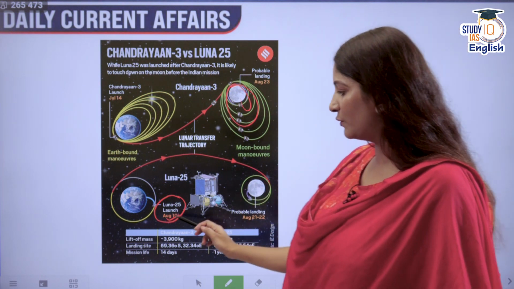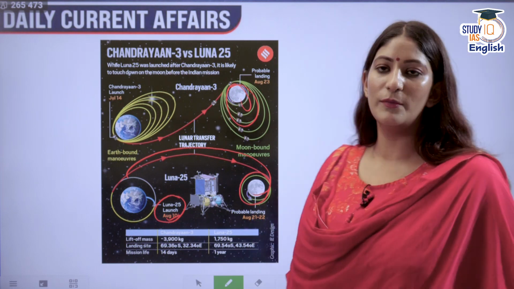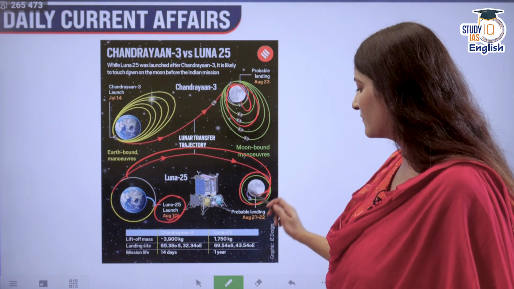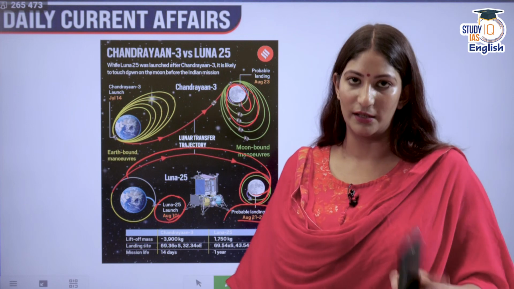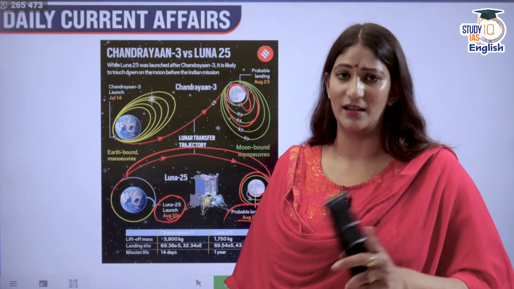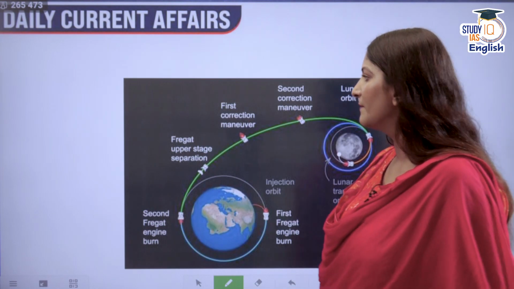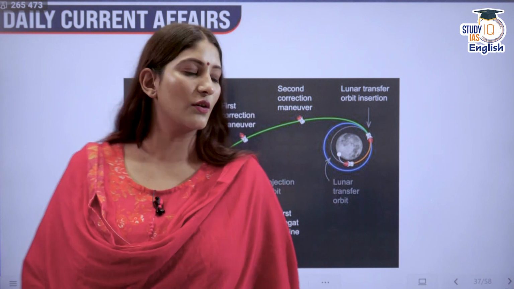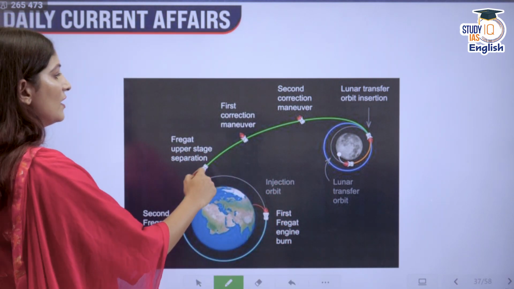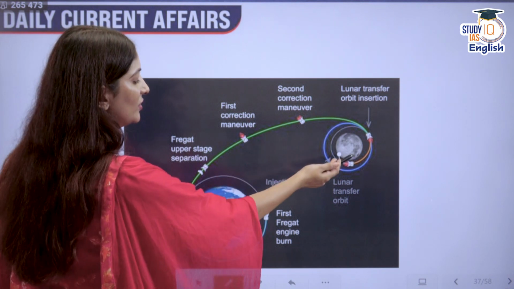But when it comes to Luna, Luna is going directly, and it is making just 2 moon bound maneuvers, and that is why probable landing will be earlier for Luna, because it has reached at a much faster rate. Not only that, this is one of the contributing factors. I will also tell you about other things. Here, how is it going? As you can see, Luna made not as many maneuvers as the Chandrayaan 3.